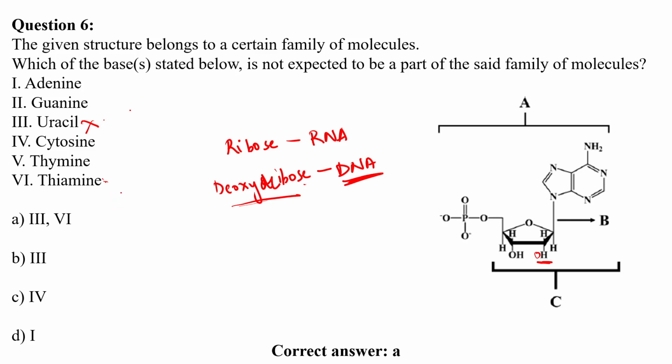So thiamine is not part of the nucleic acid family and uracil is not part of the DNA family. Uracil is part of the ribose nucleic acid, not the deoxyribose nucleic acid. So the correct answer is the third and the sixth bases, that is uracil and thiamine. Okay.